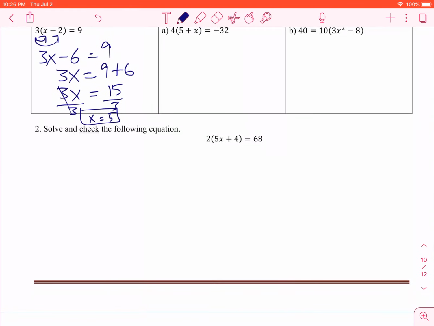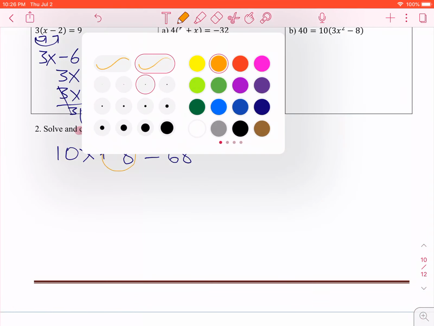So whenever it says to solve and check, okay, the solving part we know, we've been doing that for the last couple of minutes. So I should have 10x plus 8 is equal to 68. Okay, I then take this plus 8, I do my wall method, I bring it over the equal sign.